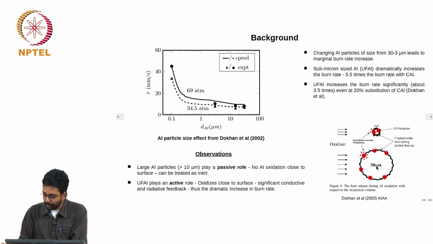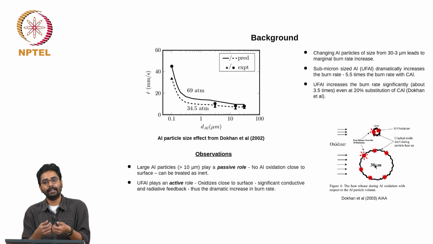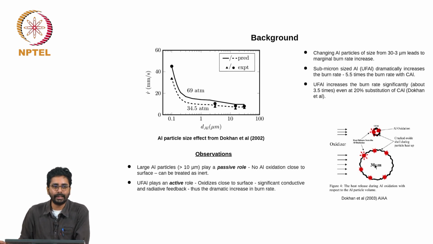For the 30 micron aluminum particle, with the metallic aluminum in the core and the surface with aluminum oxide, the metallic aluminum becomes accessible to oxidizing agents only after the outer oxide layer has melted and vaporized away.